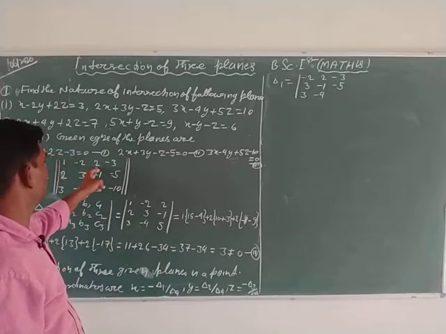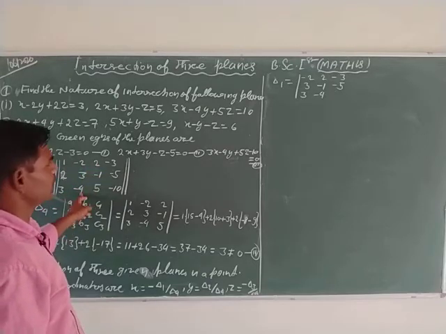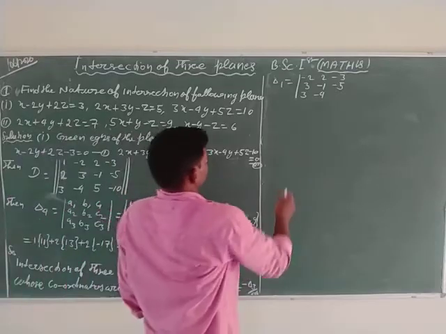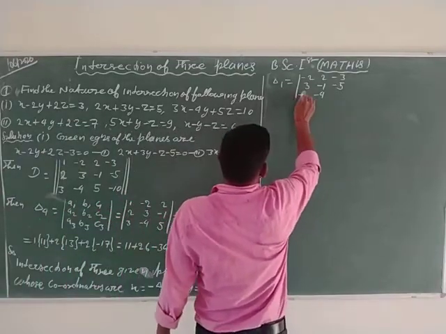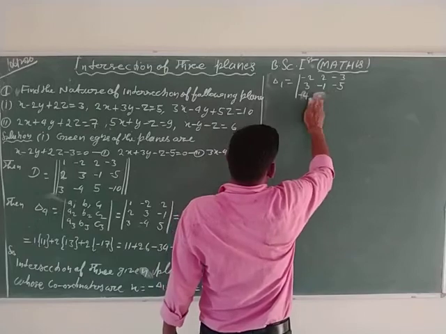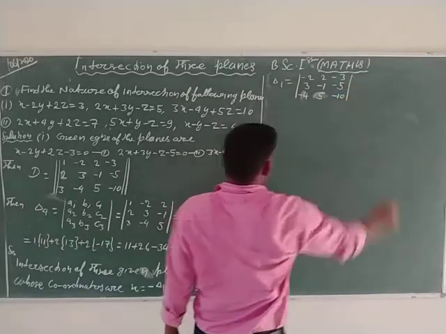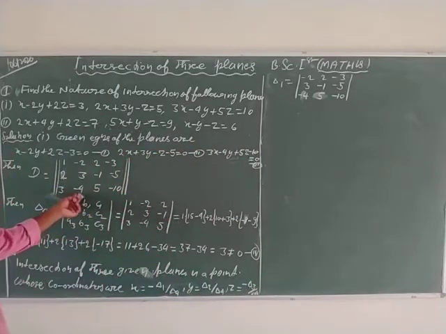Minus 2, 2 minus 3, 3 minus 1 minus 5, at last minus 4, 5 minus 10.